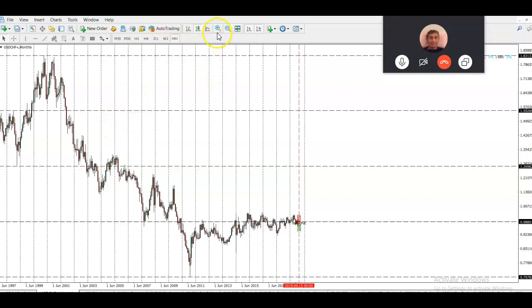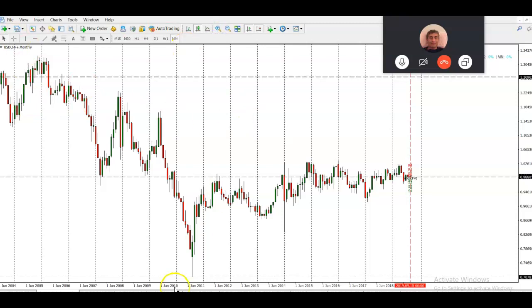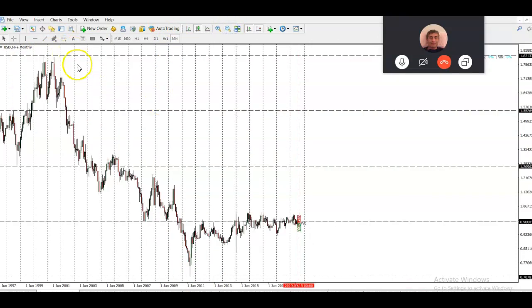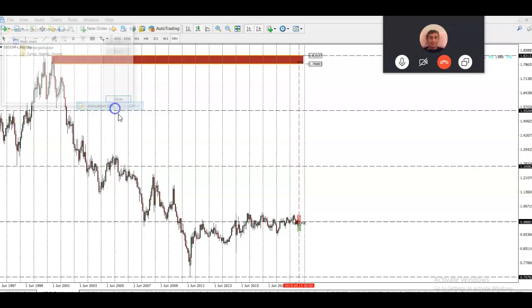So next thing we do, we'll start marking our zones. We'll start from the bottom, this leg, and go from the top down. We've got this area up here at the top. We'll draw it across. Then we need to just scroll down. This area created this low. Back up, this area here created this low. So this is an area here. Just tell me if I'm going too fast.